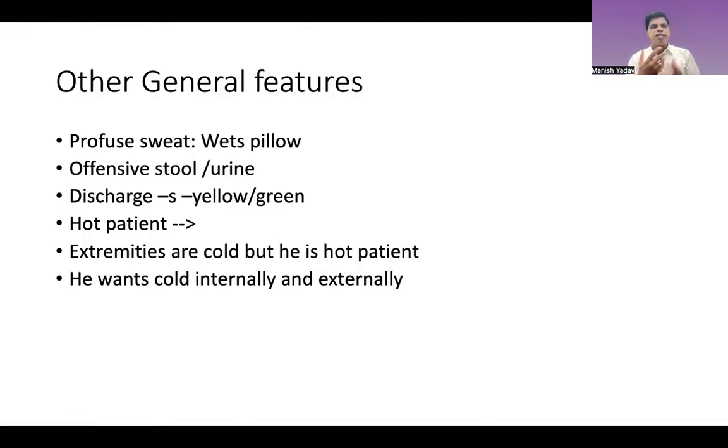A patient comes and says, my extremities are cold, doctor. You will think he will want covering. He will want warm things. But no, outside he is cold, feeling cold. But like Secale cornutum, outside is cold, but inside it is very hot. So always craves cold. This is the way you can differentiate Medorrhinum.